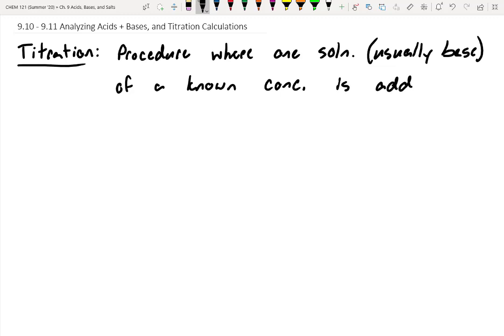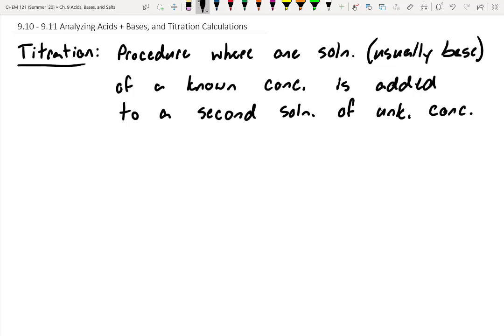So that base, like I said, is added to a second solution of unknown concentration. Sorry for all the abbreviations. I know this is a lot of writing though. But that second solution is usually an acid, at least in this portion of the textbook.